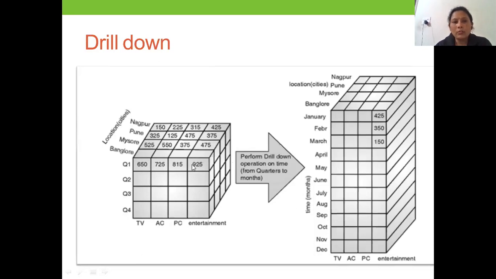So this 925 will now be segregated as per the expenditure done by the people month-wise. After performing the operation, we find that in January it was 425, in February it was 350, and in March it is 150. So now we have a segregated view of data. A manager may devise his strategy on how to increase the sale on entertainment in the month of March, because people are spending less in March on entertainment.